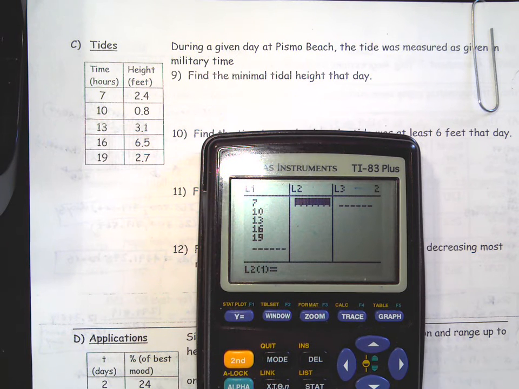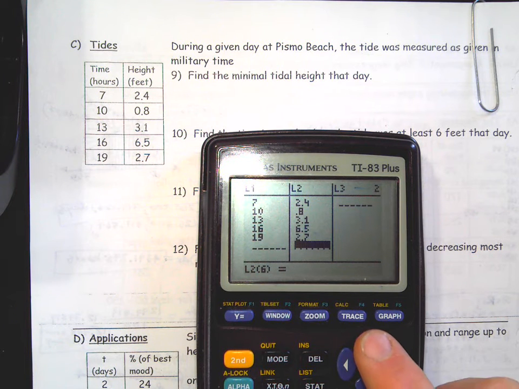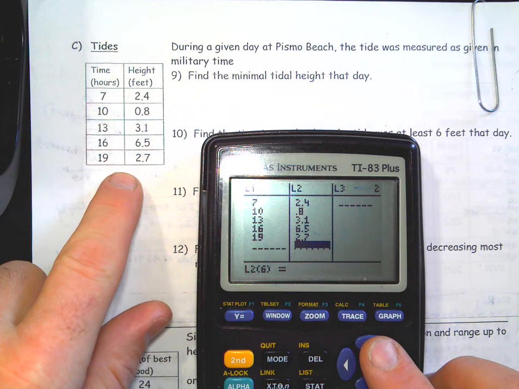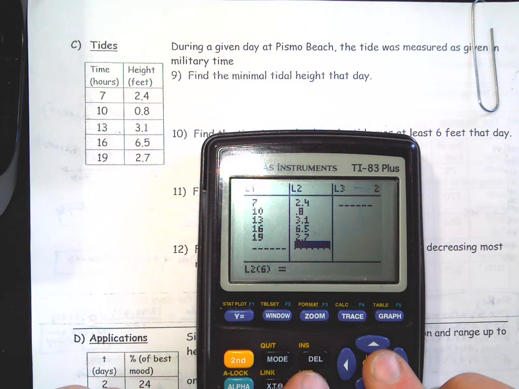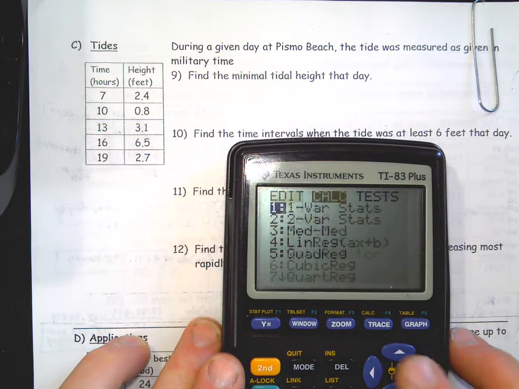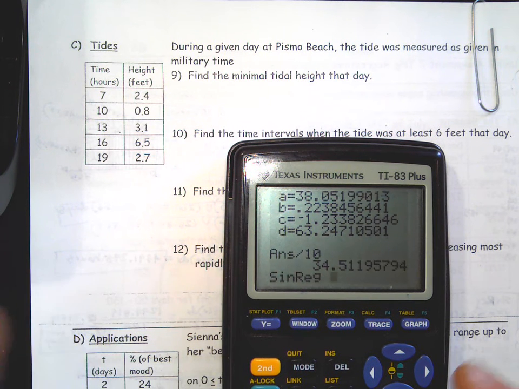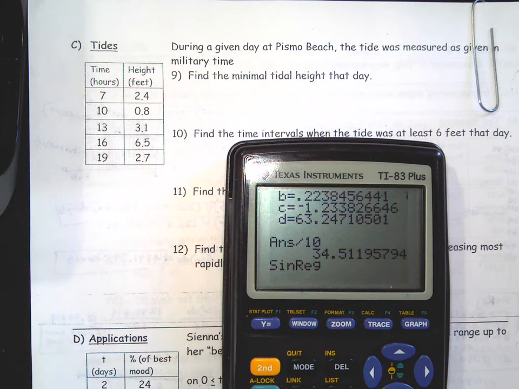And then 2.4, 0.8, 3.1, 6.5, 2.7. So double check it, make sure they're all correct. Okay, looks good. We're going to go to Stat, Calc, Sine Reg. Since they're in list 1, list 2, we could just hit enter, or you could type the list names in.